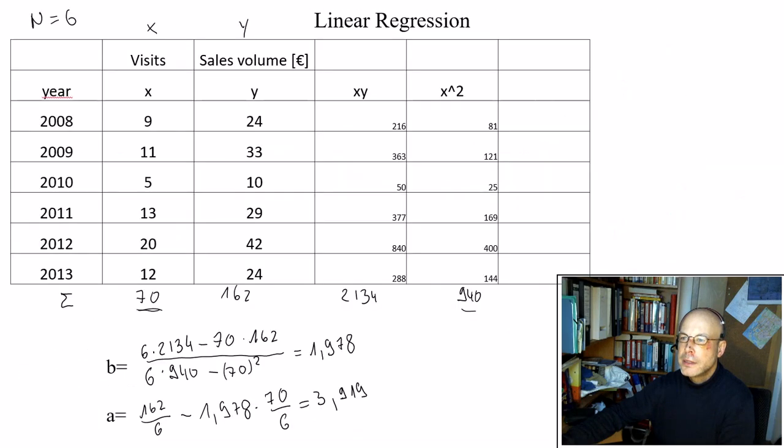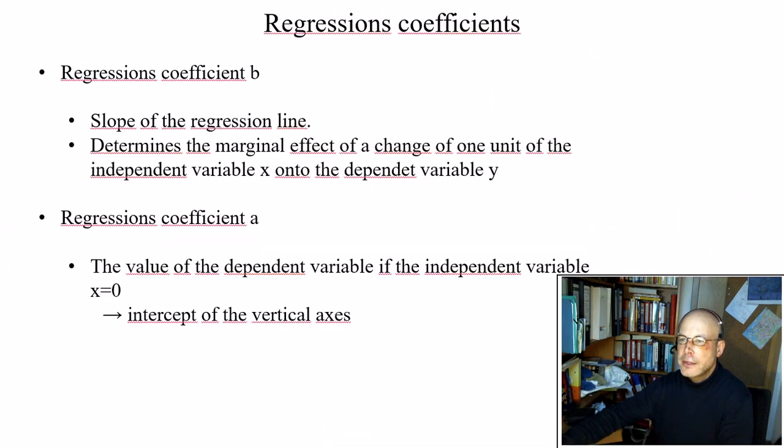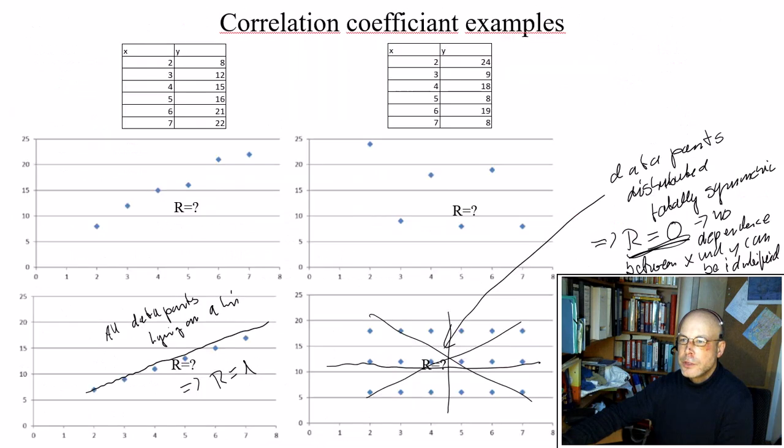Here we calculated the slope and the cut of the vertical axis. And of course, it could be the case, and this I showed you just here, that the data is distributed with a high volatility, like in this case, or it could be quite in the neighborhood of my fitted linear line.